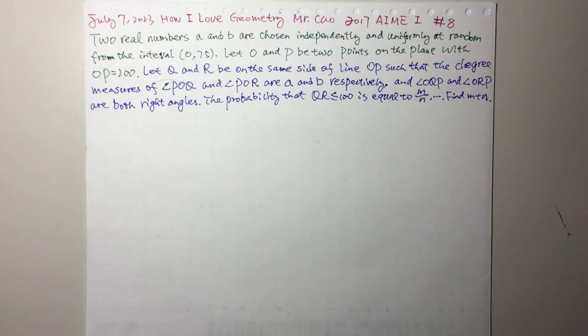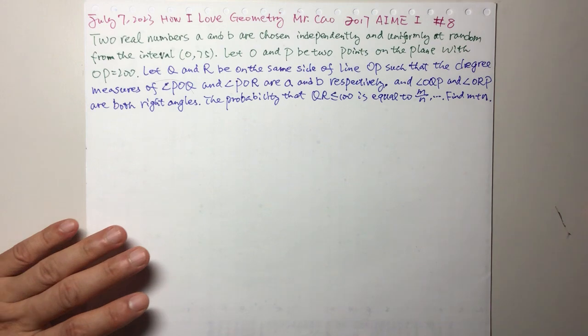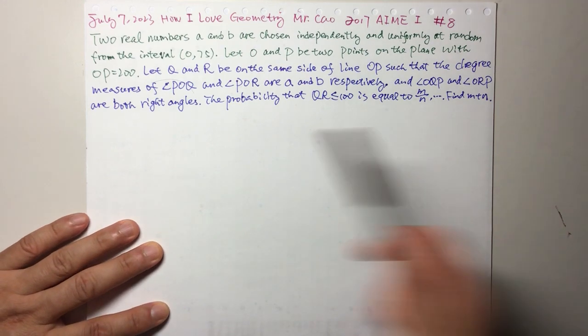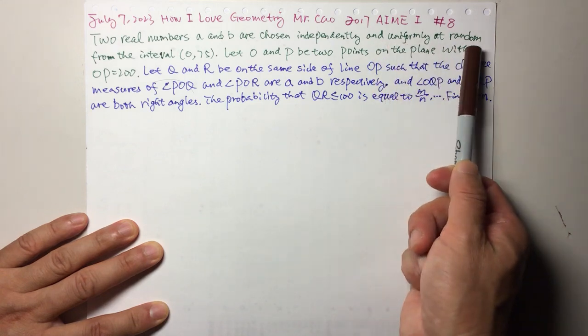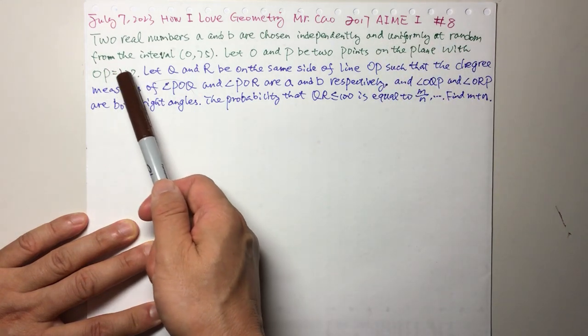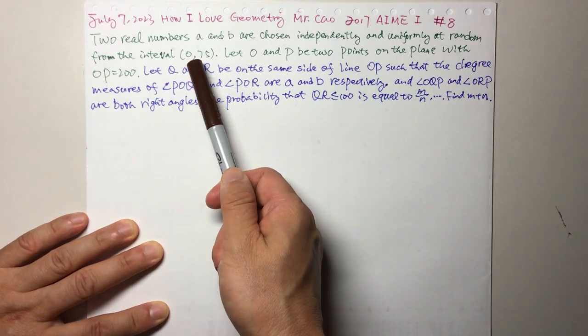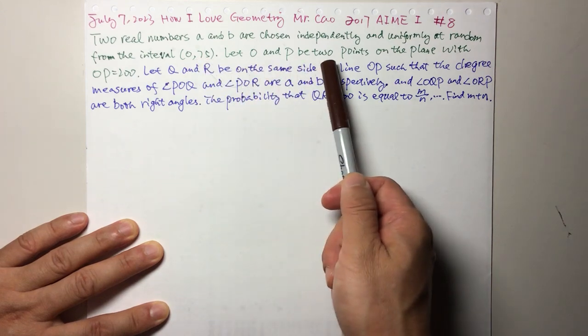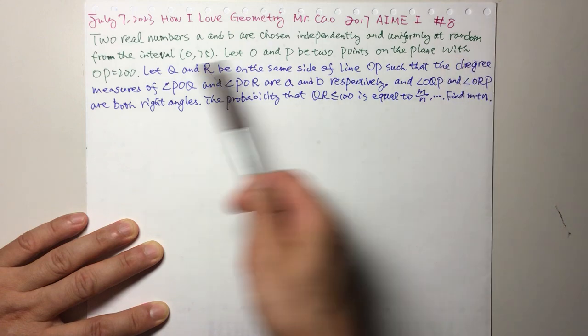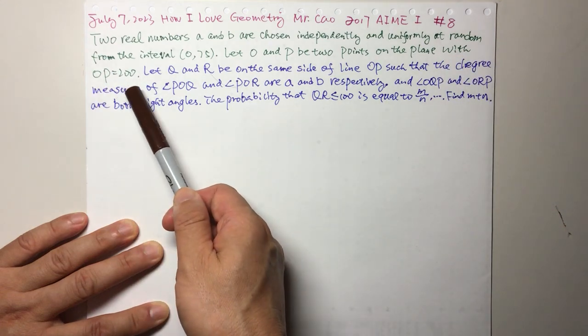I'm Mr. Cao. This problem is from 2017 AIME 1, problem number 8. The problem says, two real numbers a and b are chosen independently and uniformly at random from the interval (0, 75). Let O and P be two points on the plane with OP equals 200.